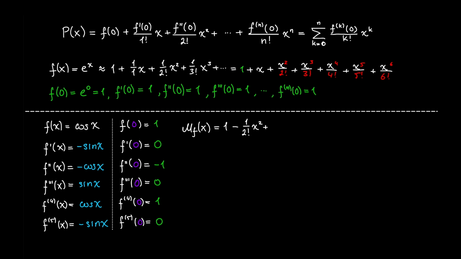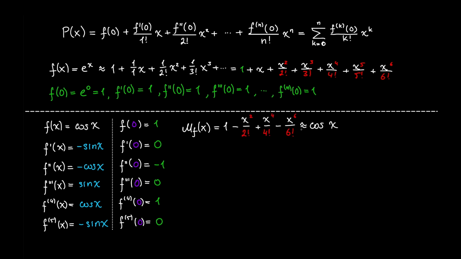So that means the third power of x vanishes. And the next one is going to be 1 over 4 factorial times x to the power of 4. And you might see the pattern emerging here. We have a little alternating polynomial, and the power matches what we're dividing it by of the factorial.